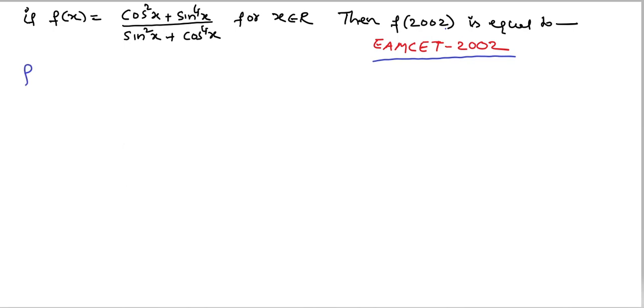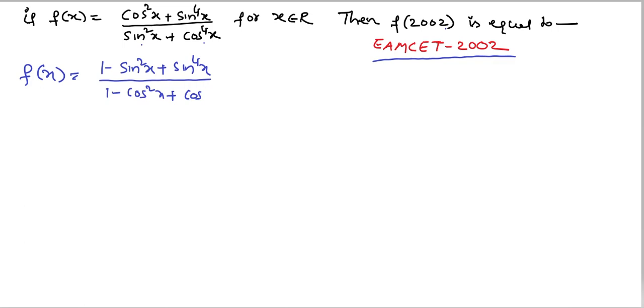Here it is given f of x is equal to cos square x plus sin power 4x by sin square x plus cos power 4x. Here cos square x value is 1 minus sin square x, and sin square x value is 1 minus cos square x.